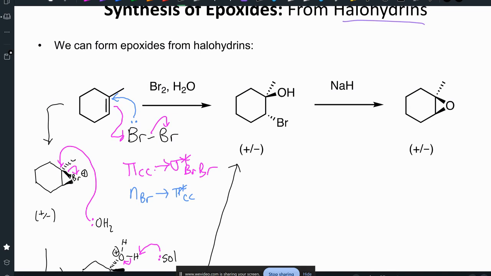Now, when I take my halohydrin and I add sodium hydride, again, sodium hydride is really just a source of this strong hydride base that is going to deprotonate the alcohol.